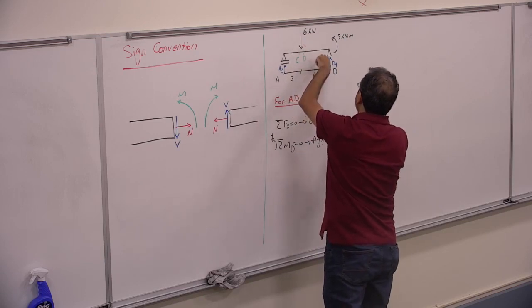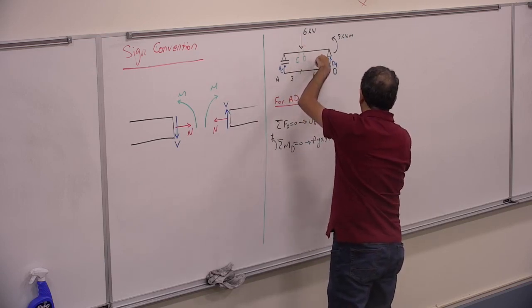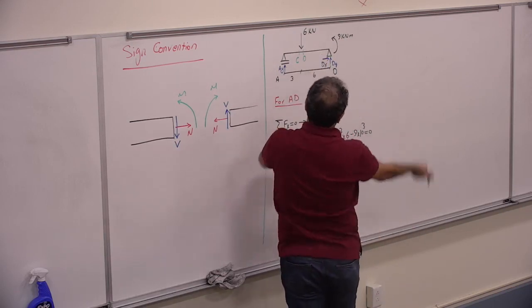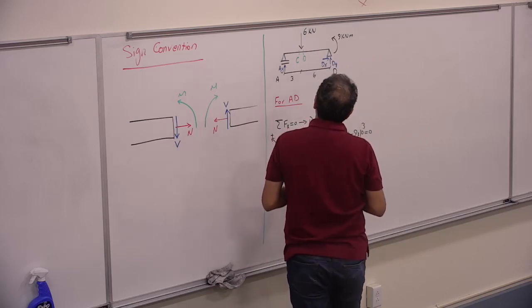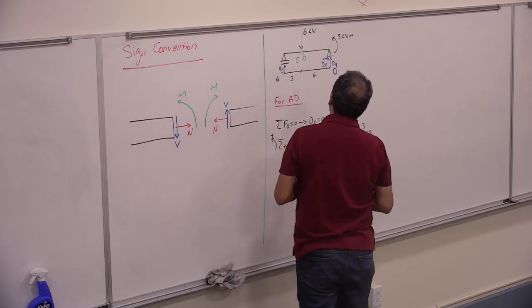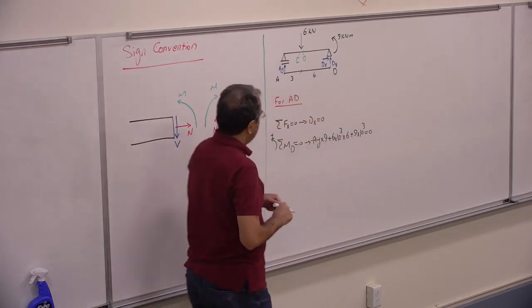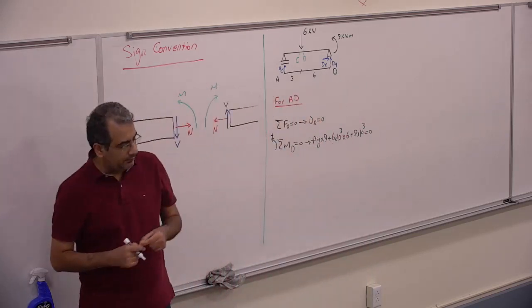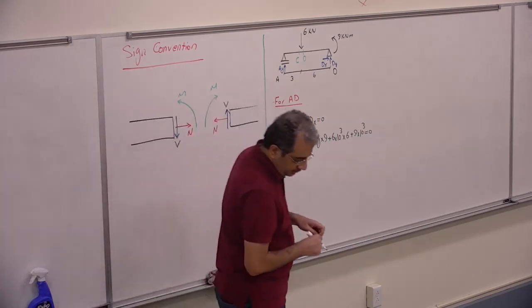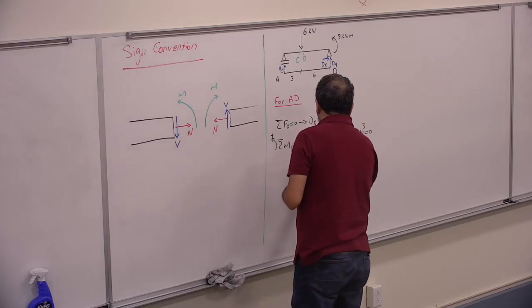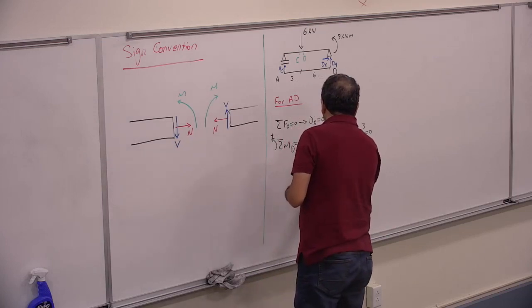And then I have that 9,000 there. It's counterclockwise, so it's going to be positive. Right? So if I solve that, I should get AY, correct? So AY should come out at 5,000.